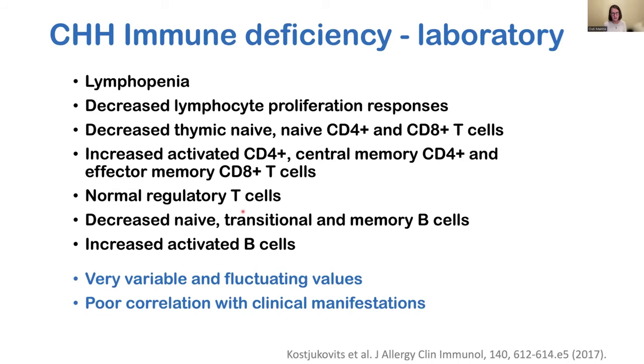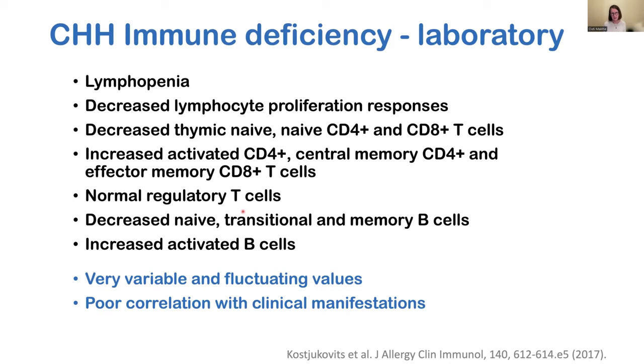So then we think about the laboratory features. The most consistent findings are lymphopenia and a decreased lymphocyte proliferation response. We also measure T and B cell lymphocyte subclasses.